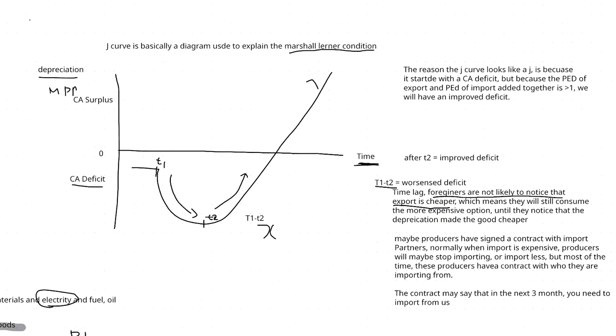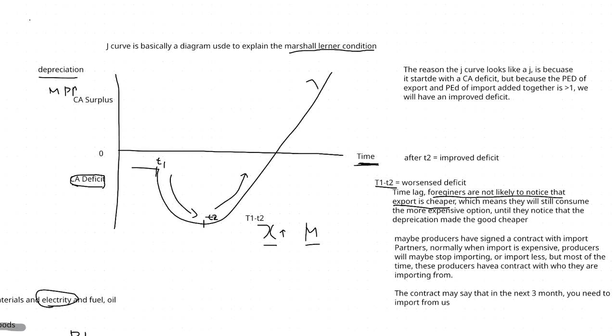Export will increase by a little bit, and import is not likely to change by a lot. So import remains the same, export only grows by a little. So we're going to have an even worse current account deficit, right?